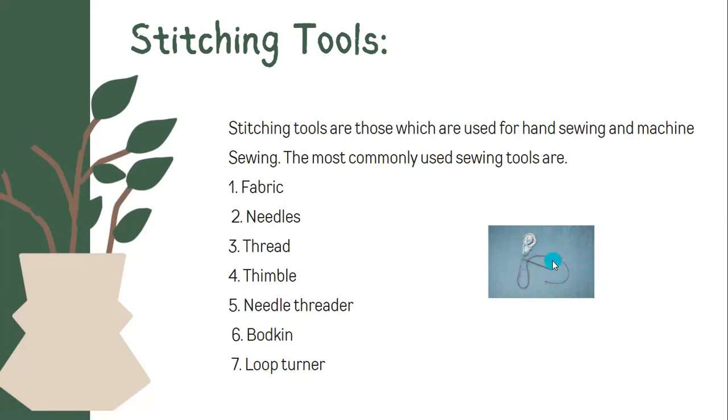Usually we thread it the normal way, where you have to hold the needle very close to your eyes and very carefully thread the needle. But in this case, this needle threader helps you with that process. You don't need to waste so much time and focus on the thread and the needle. That is why a needle threader can be used.